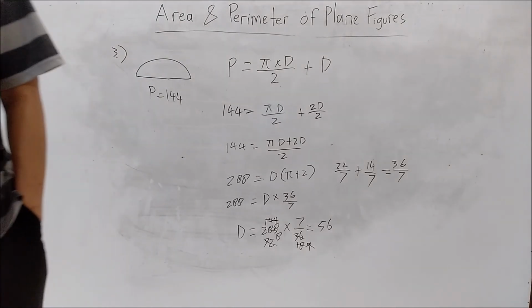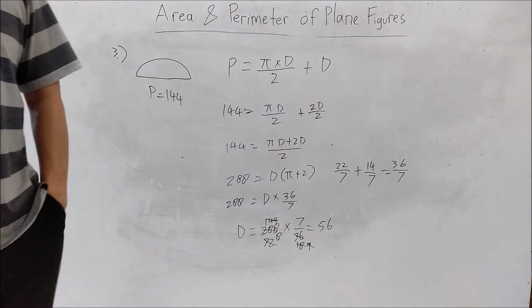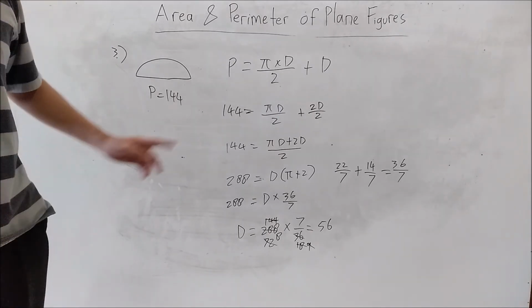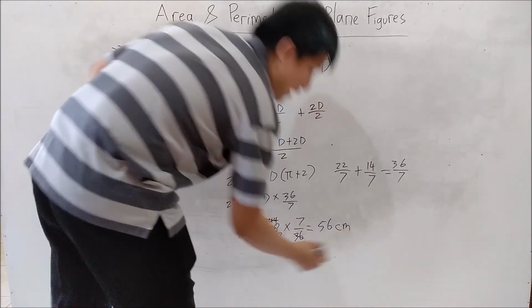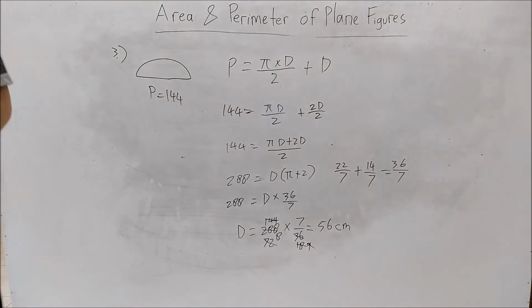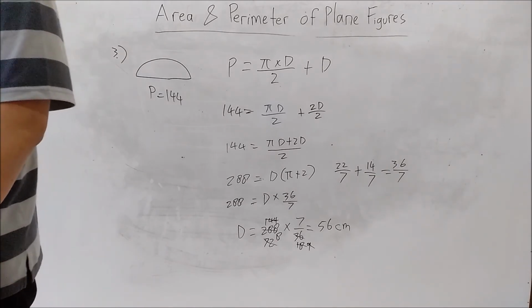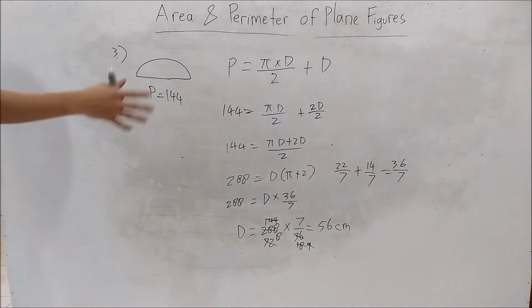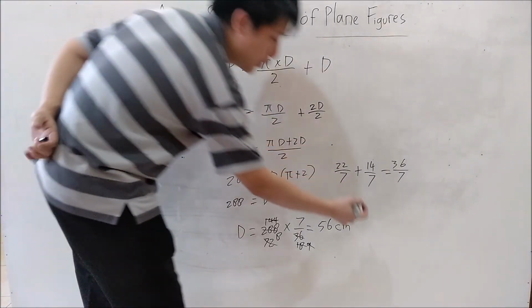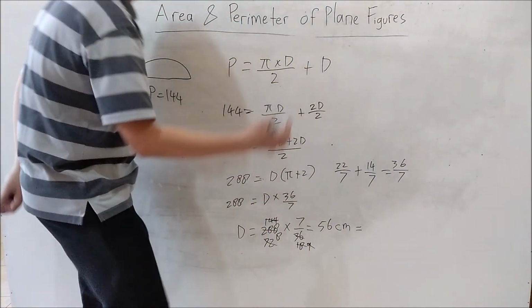However, remember when you go back to the question, it says that this is in centimeter, which means this diameter is actually in centimeter. And then the question tells us to find the diameter of the semicircle, giving your answer in meter. So this haven't done yet. We have to write again equal to from centimeter to meter.